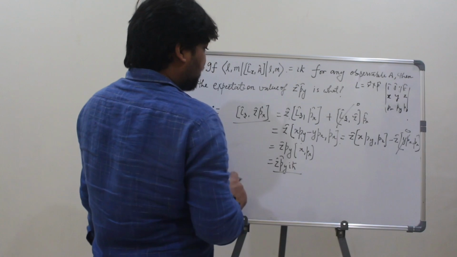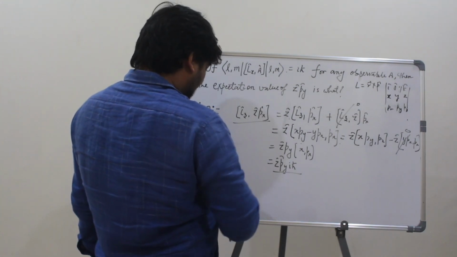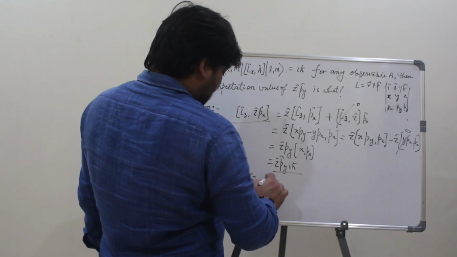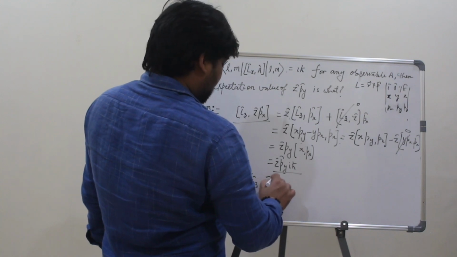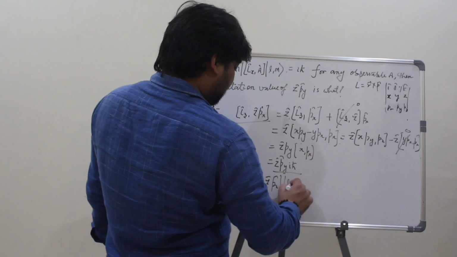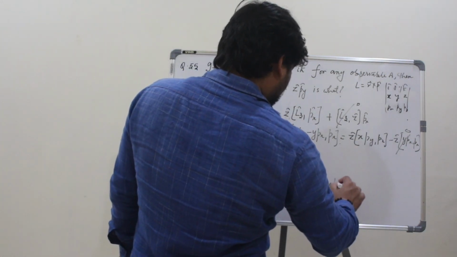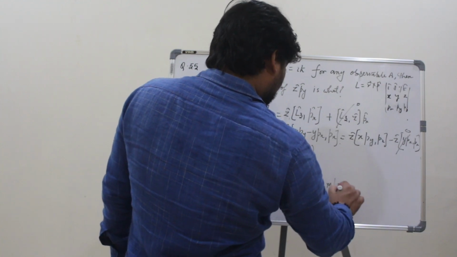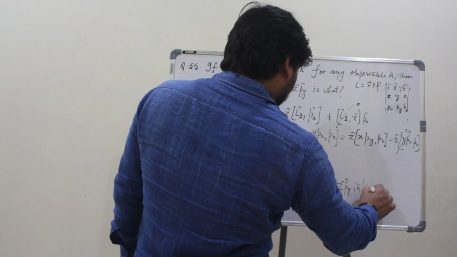So it means that the expectation value of the commutator of Lz and Z cap Px in state l, m gives you Z cap Py times i hbar in state l, m.